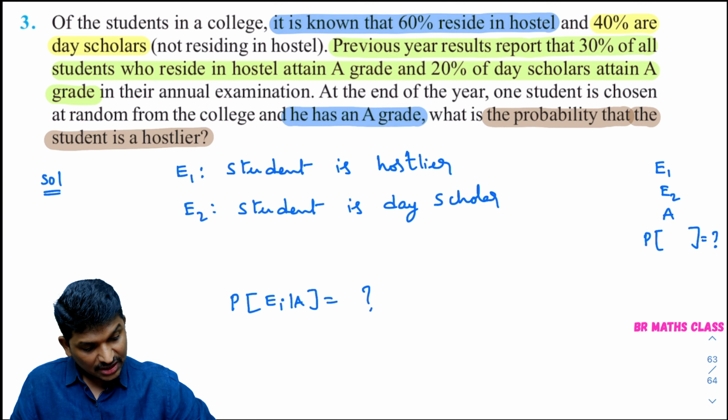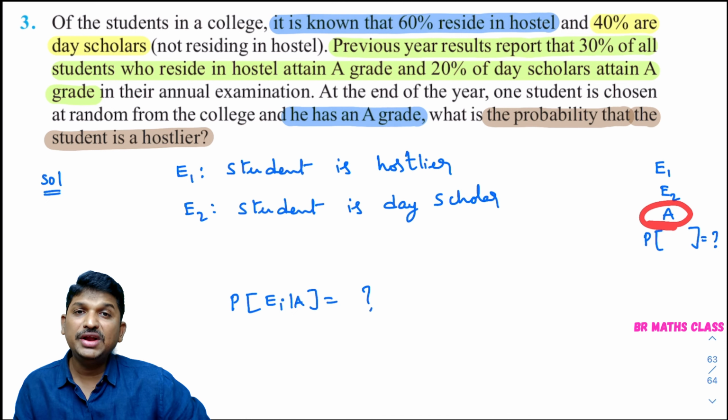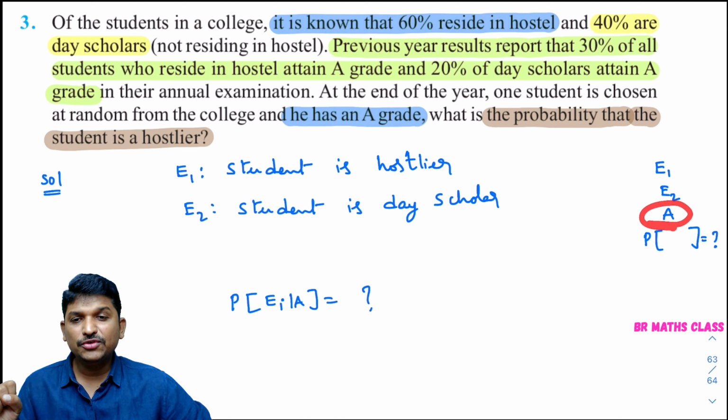Okay. What is A? A is always given data. Before they ask what is to be calculated, they say, like in the last problem, after drawing a ball, the drawn ball is found to be red. That is the given data. Here they selected one student.